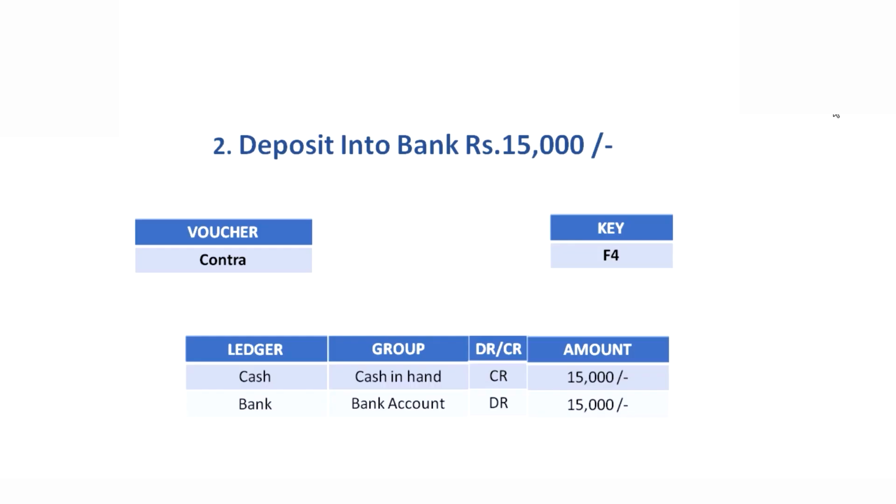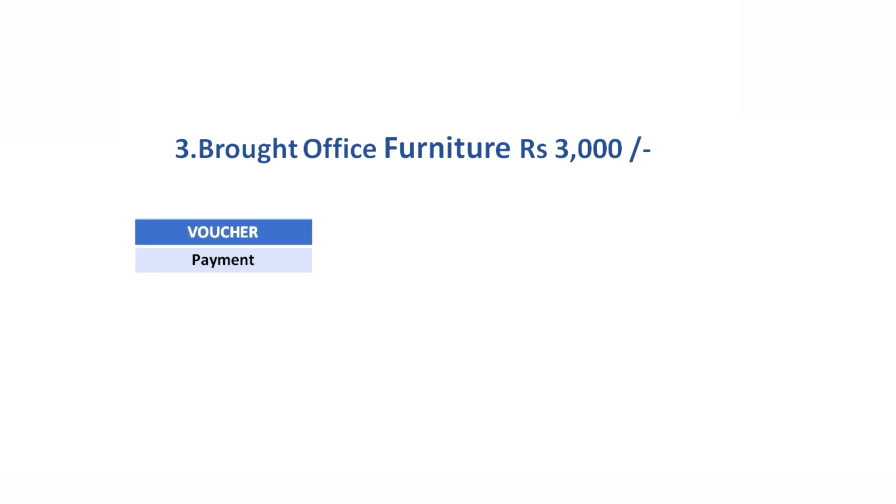So next we go with the next transaction. Bought furniture, rupees 3,000. We have bought our office furniture for 3,000. This will be passed in payment voucher by using the shortcut key F5.